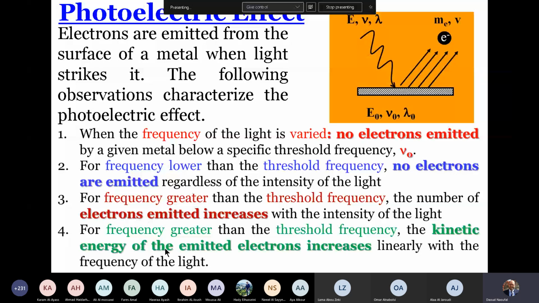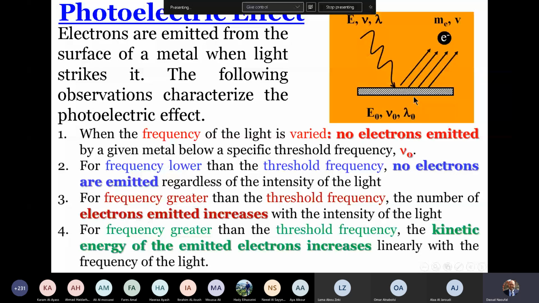The external radiation is characterized by energy E, by frequency nu, by wavelength lambda, and the metallic piece is characterized by threshold energy E0, which is constant according to the type of the metal, or by nu0, the threshold frequency of the metal, which is constant, or by lambda 0, the threshold wavelength, which is constant.